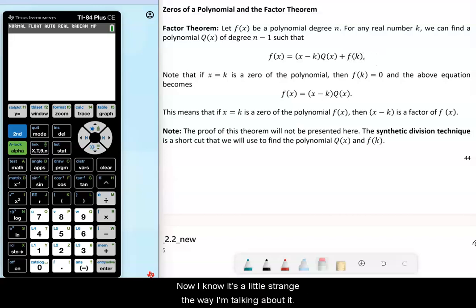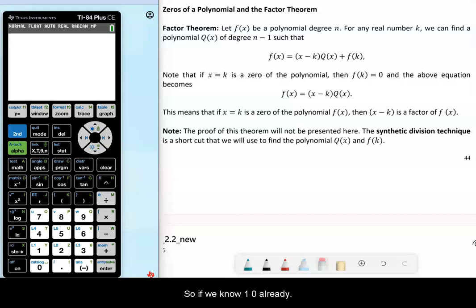Now, I know it's a little strange the way I'm talking about it, but what it works out to is that if x equals k is a zero of the polynomial, then f of k equals 0. So, if k is a zero of the polynomial, we can go ahead and do this factoring here.